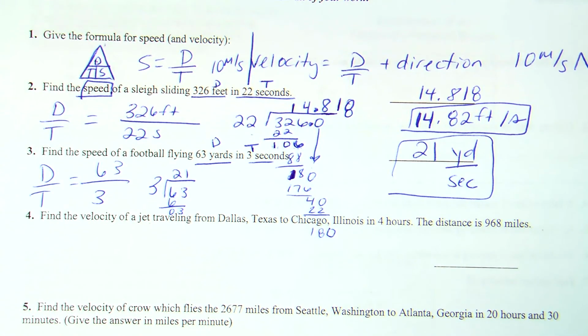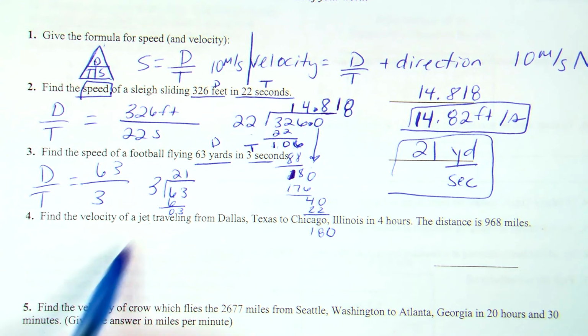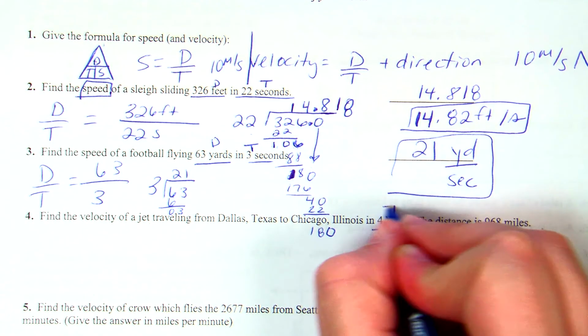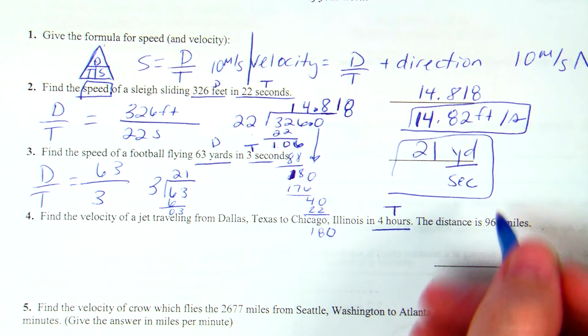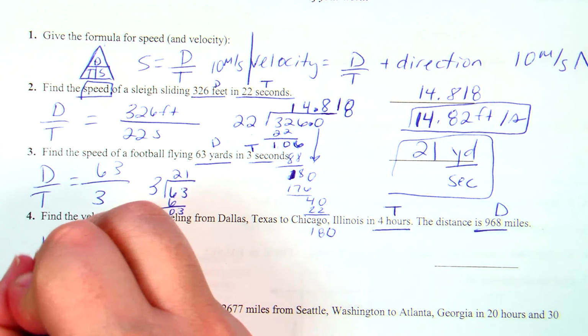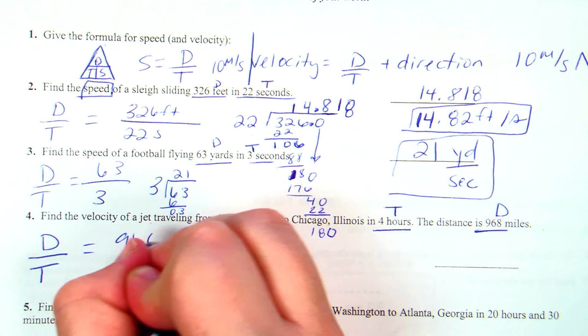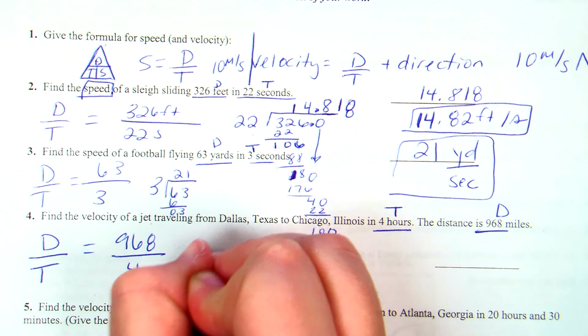The velocity of a jet traveling from Dallas, Texas to Chicago, Illinois in 4 hours. So you have to know a little bit of geography. Texas is in the south, Illinois is in the north, okay? So you're going to be going basically north, okay? Your time here is 4 hours. Your distance is 968 miles. So use the same formula. 968 divided by 4.